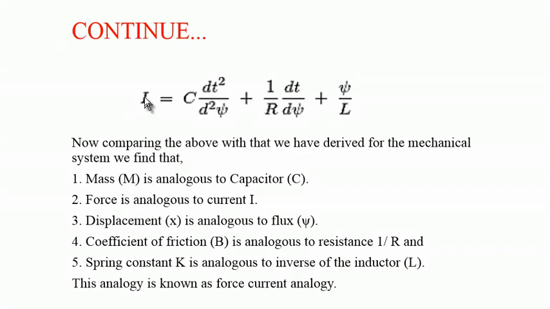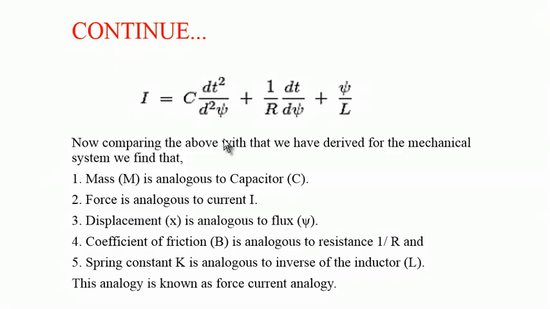Instead of V we write I, because the force current is represented with I: I equals C d square phi by dt square plus 1 by R d phi by dt plus phi by L.